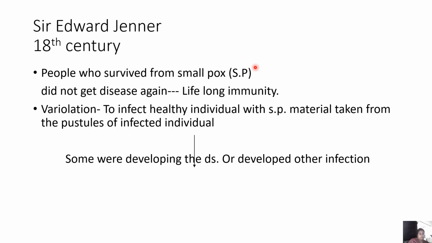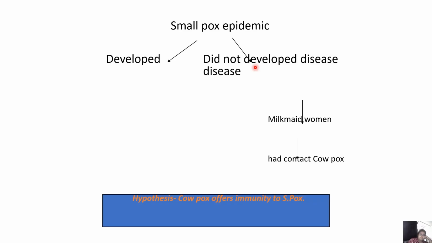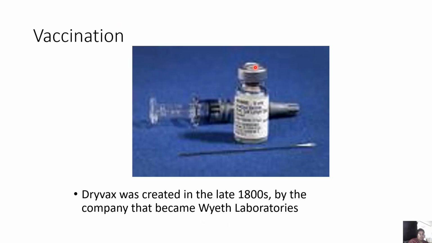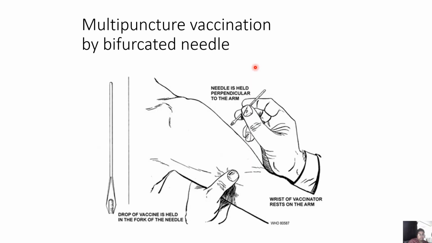Some developed the disease, and all developed other infections. Then cowpox material was administered to an 8-year-old healthy donor, and after 6 weeks, inoculation from a smallpox pustule was done. No disease resulted, and a large number of people were then vaccinated. Immunization schedule, evaluation of the effect and coverage.